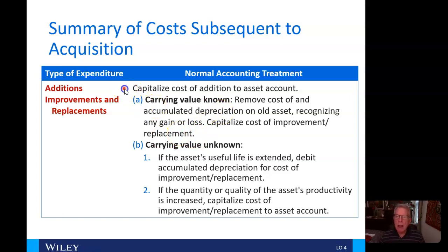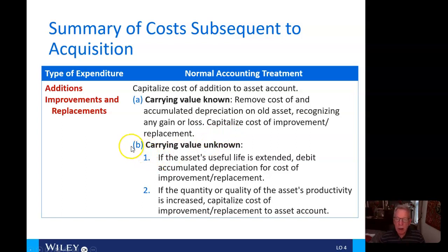We're going to capitalize these costs. When we have a carrying value that's known, we'll remove the cost of the accumulated depreciation on the old asset, recognize any gain or loss, and then capitalize the cost of improvement or replacement.